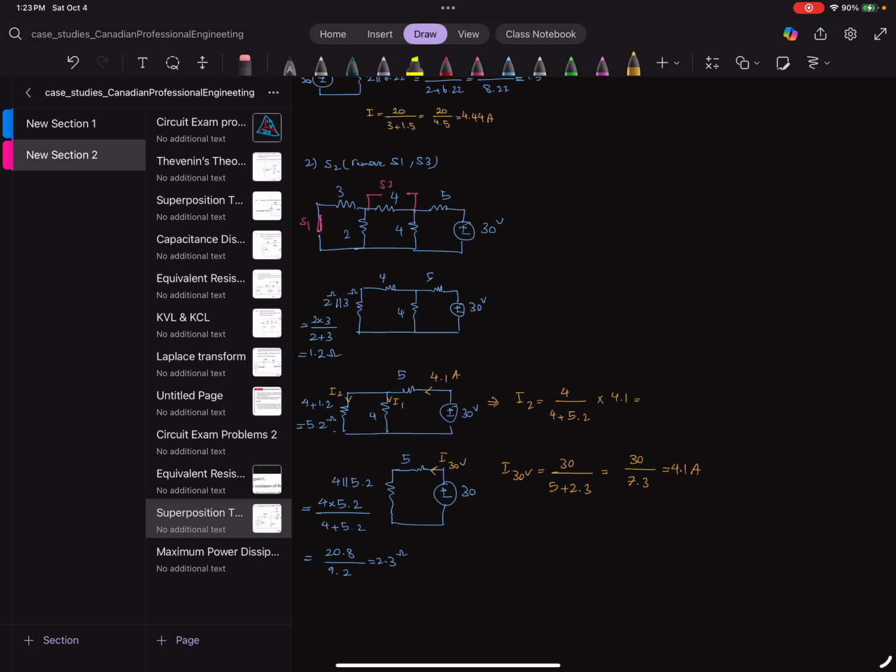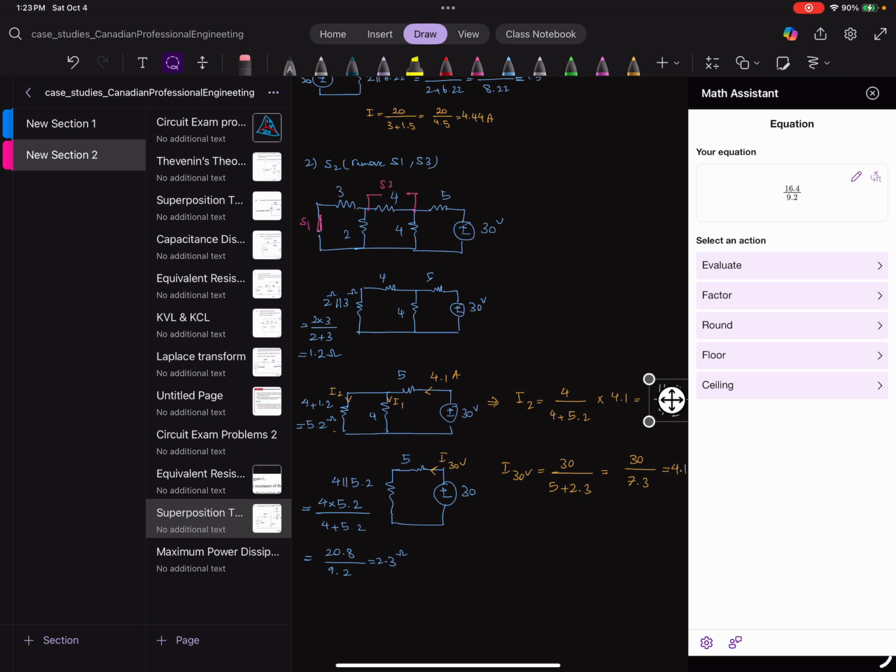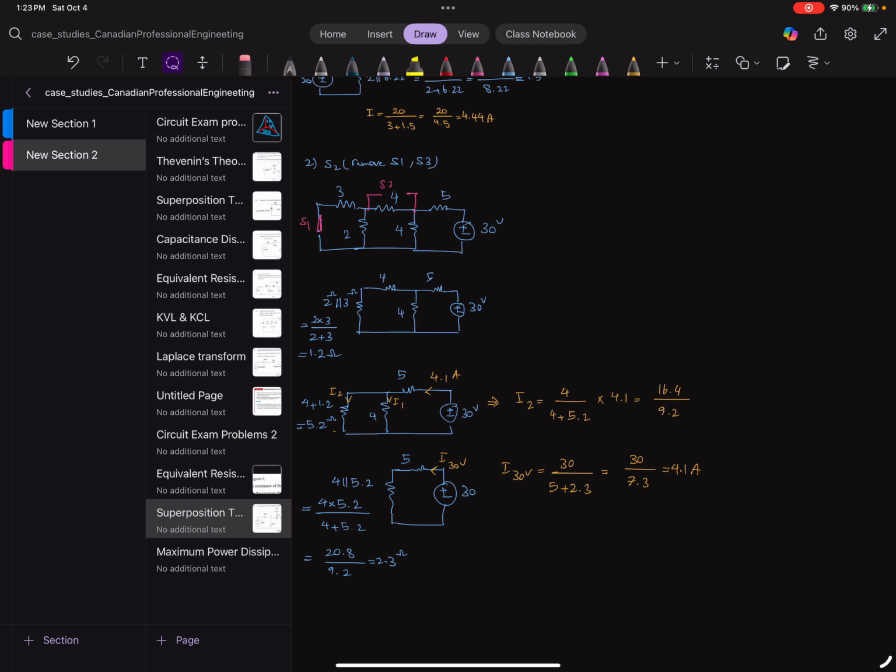So it's going to be 16.4 over 9.2, which is about 1.78 amp.